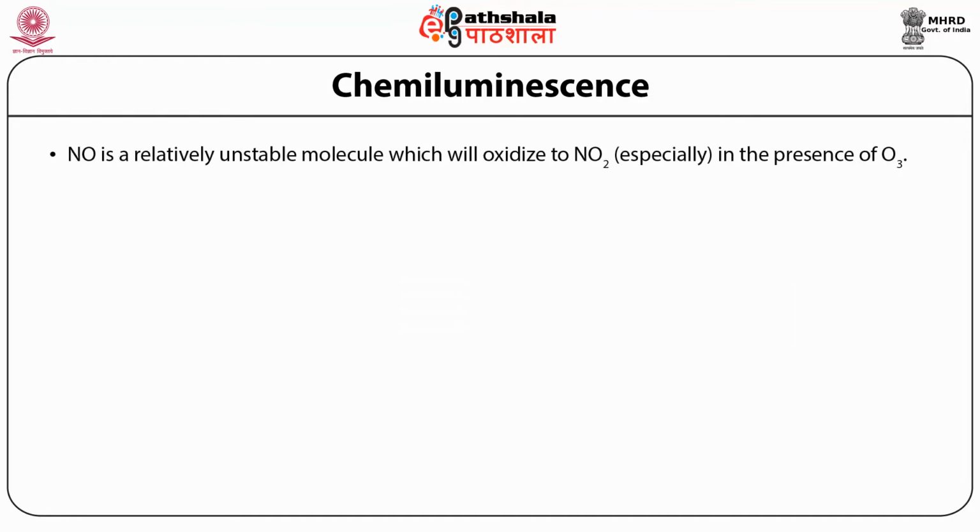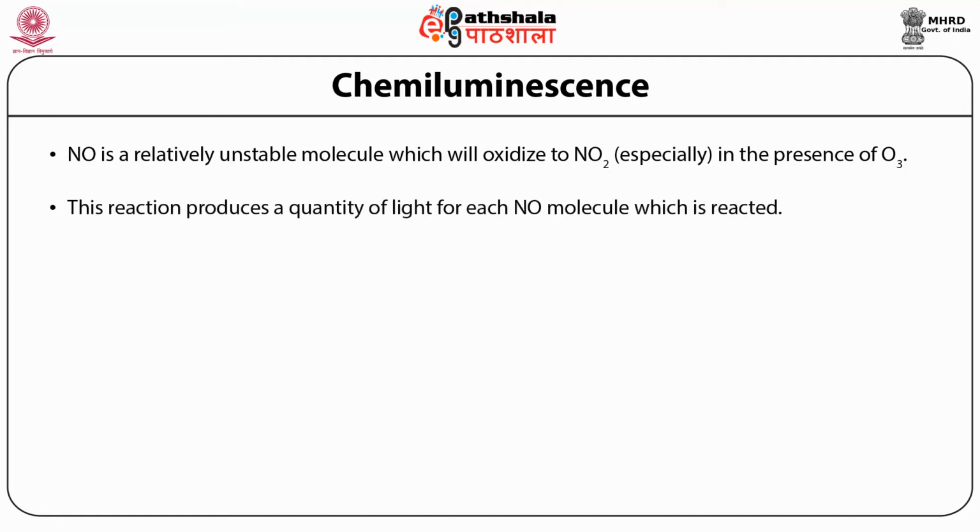Nitric oxide is a relatively unstable molecule which will oxidize to nitrogen dioxide, especially in the presence of ozone. This reaction produces a quantity of light for each nitric oxide molecule which is reacted.